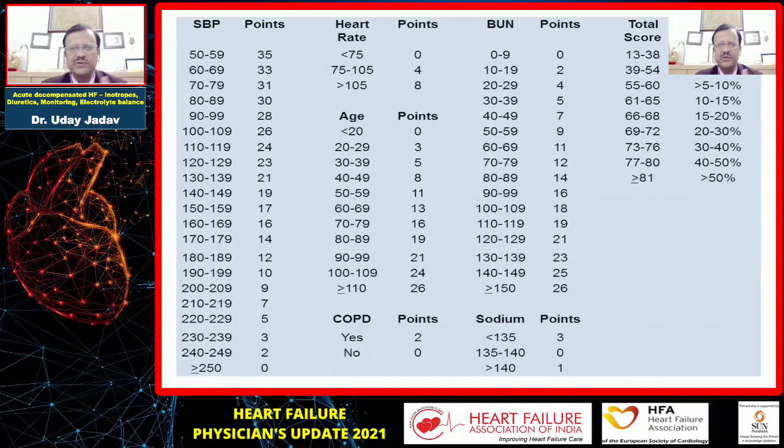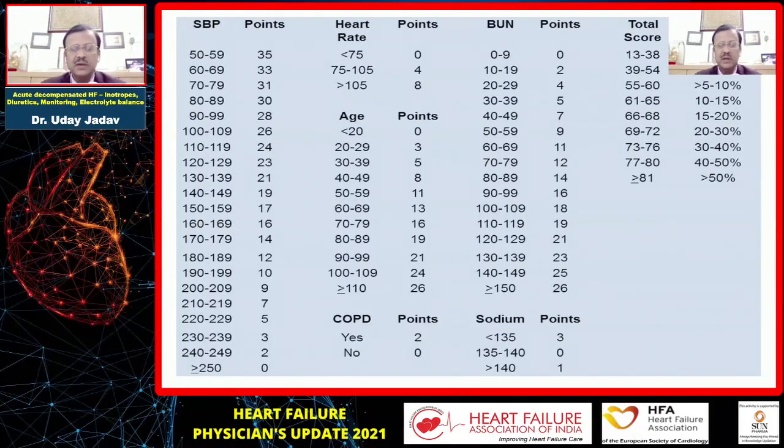You have another patient who is between the age of 60 and 70. And now you look at his systolic blood pressure, still lesser, between 80 and 90, and his heart rate is more and he doesn't have a COPD, and his BUN is still a little high, then his score goes anywhere around 65. So this mortality becomes 10 to 15%.